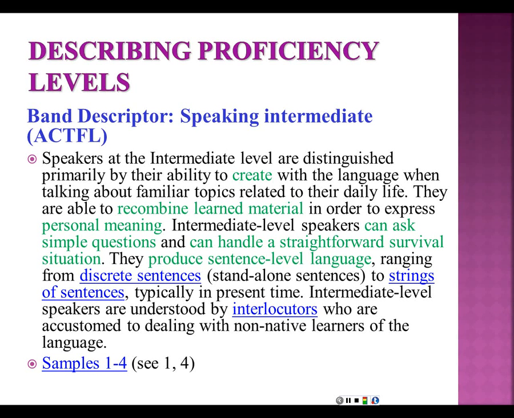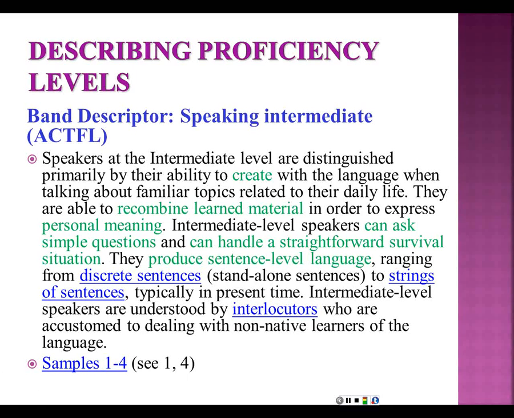Okay, each level, so for example, speaking intermediate on the ACTFL guidelines has a band descriptor, and you need to look at those band descriptors to see whether those match your language learners, because they describe a particular proficiency. Then you can look at some samples, and those are links in the samples, okay, that you may click, and we will look at a couple of them.